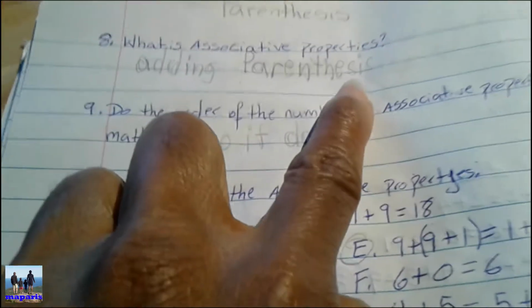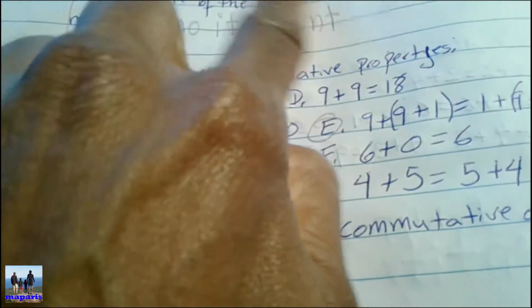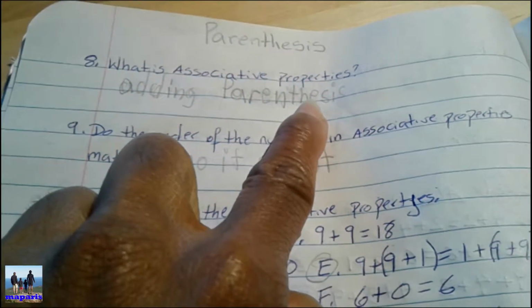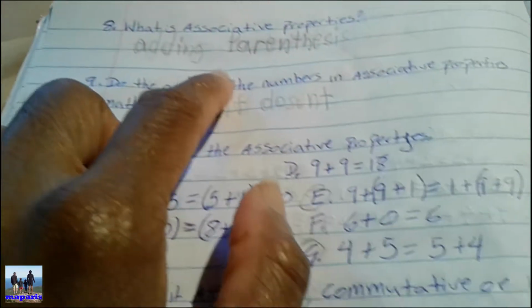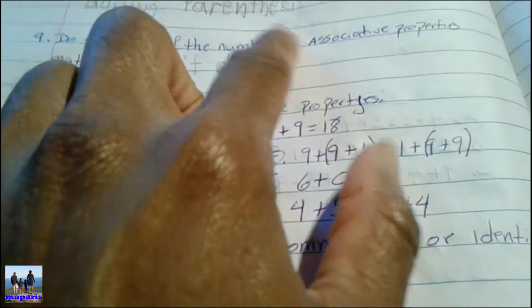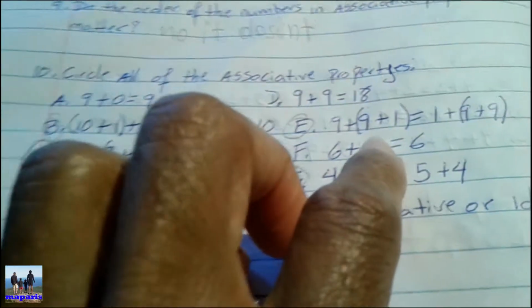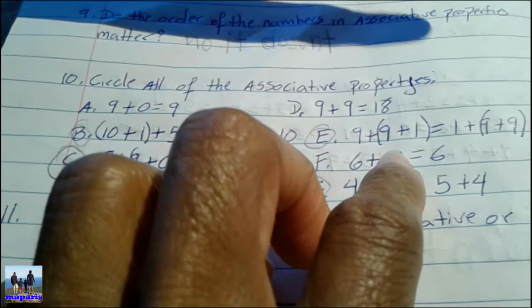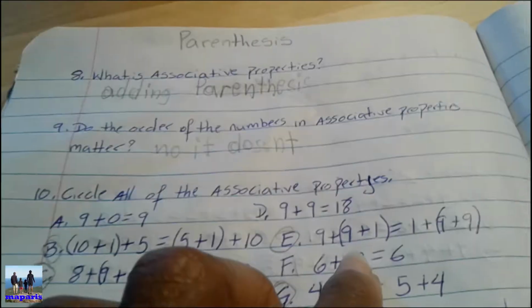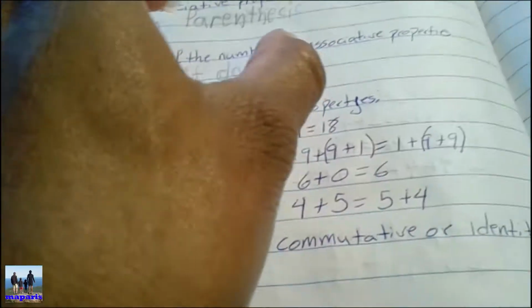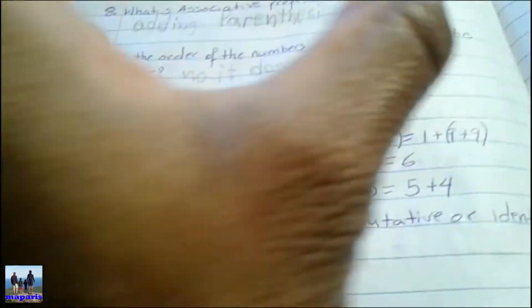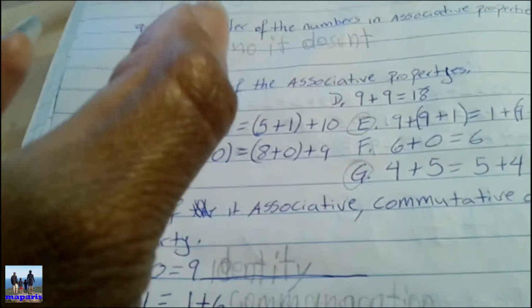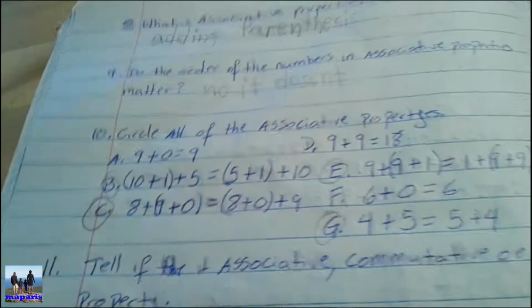Although parenthesis can be used in associative property, you need to explain. You have to add parentheses to group, yes, and it doesn't matter where you put the parenthesis, where you group the numbers, you will still get the same answer.